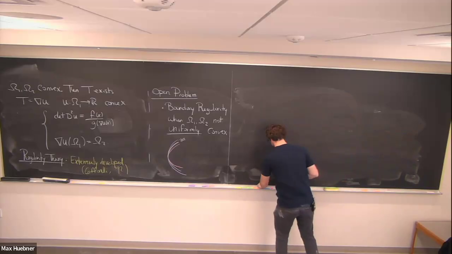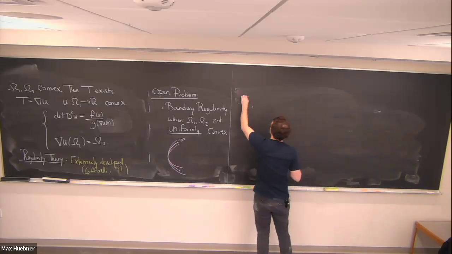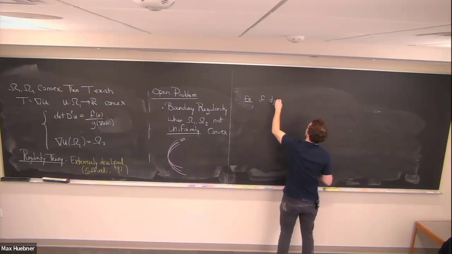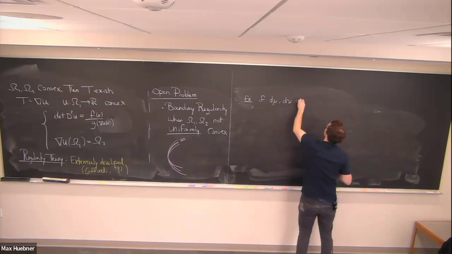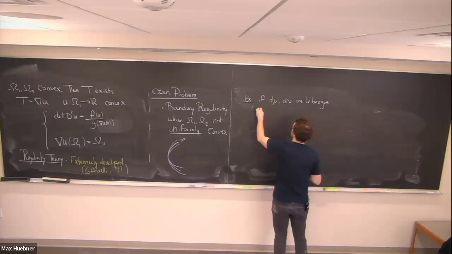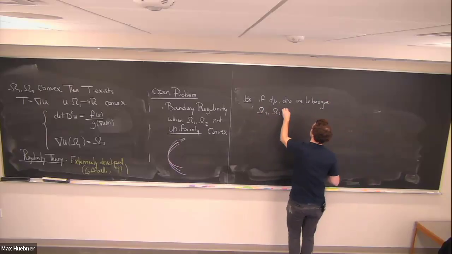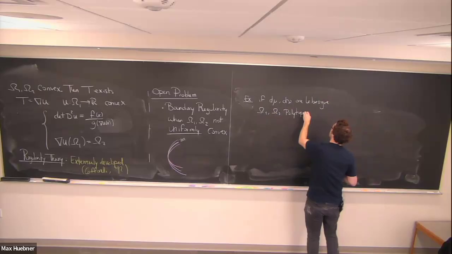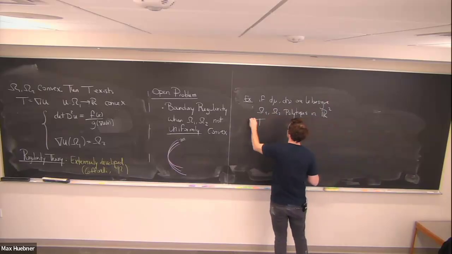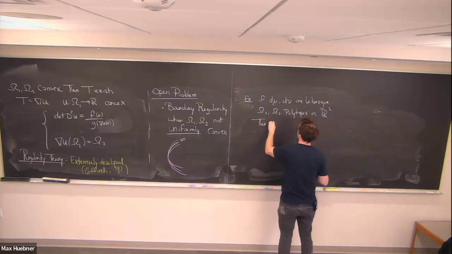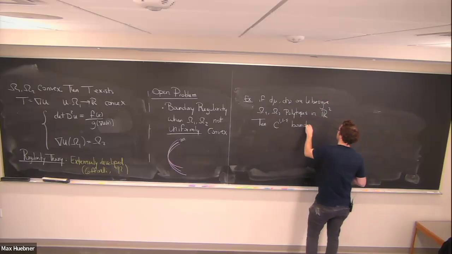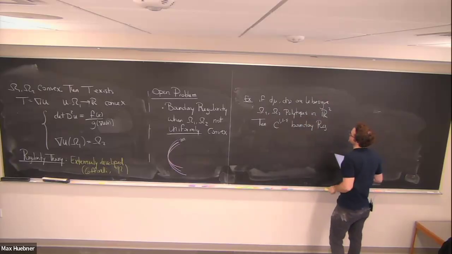So, for example, if d mu and d nu are both Lebesgue measures, and omega 1 and omega 2 are polytopes in R2, so in 2 dimensions, then the boundary regularity, essentially the best, C1 1 minus epsilon boundary regularity, was established by Savin and Yu.